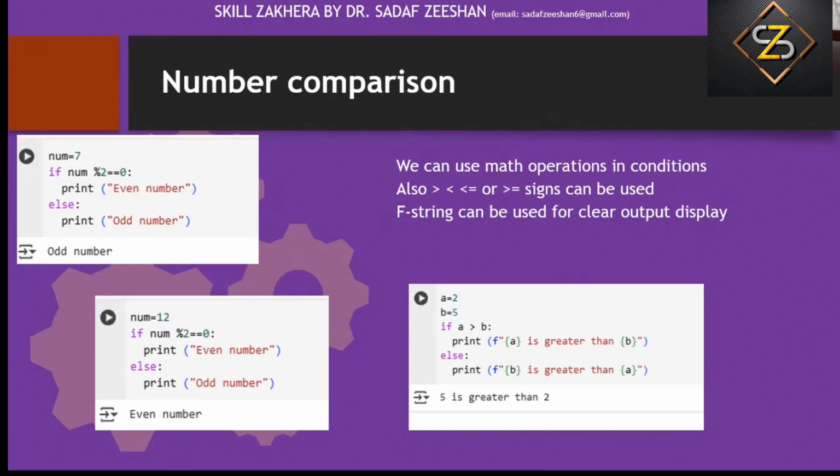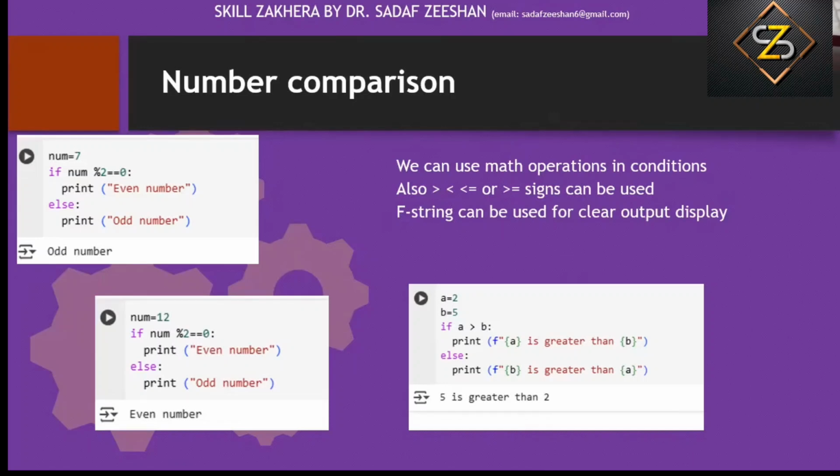For those of you who do not know, when we divide a number by 2 and we get a remainder equal to 0, that means the modulus is 0. So if my modulus of 2 is equal to 0, it is an even number, else it is an odd number. Now 7 when divided by 2 does not equal 0. The remainder is not 0. So this is an odd number.